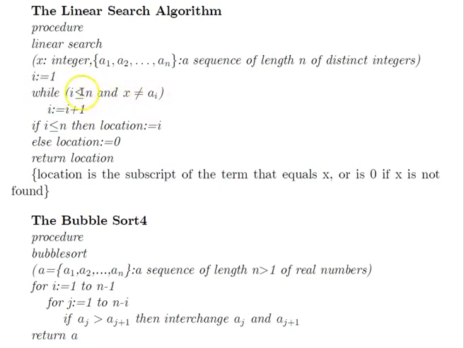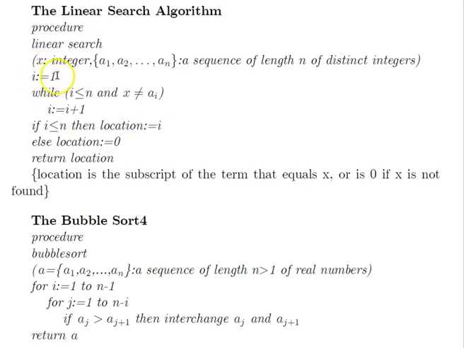The condition is I less than or equal to n, and x different from a sub I. While this condition is true, the action is done. I takes value I plus 1. If I is less than or equal to n, then location is equal to I, else location is equal to 0. Return location.